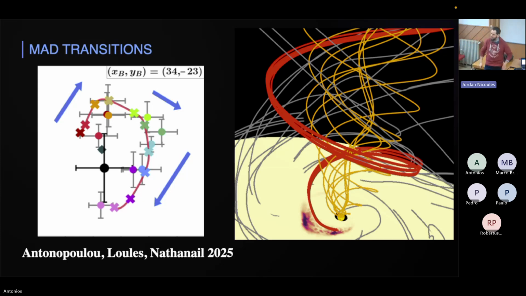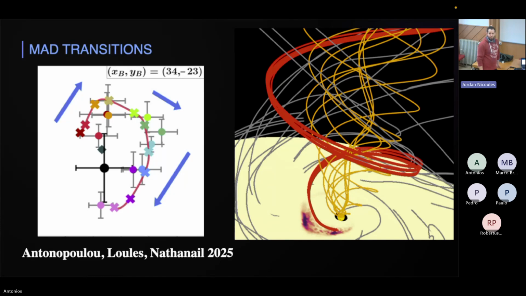Let's say really quickly, I just have another question on this. Maybe this is not on your work, but on the GRAVITY collaboration results. I remember that when these results came out for the first time, they mentioned that the motion was super-Keplerian and this was hard to fit for GRMHD models, because we usually get Keplerian or sub-Keplerian velocities.